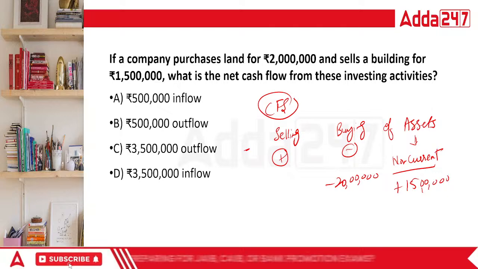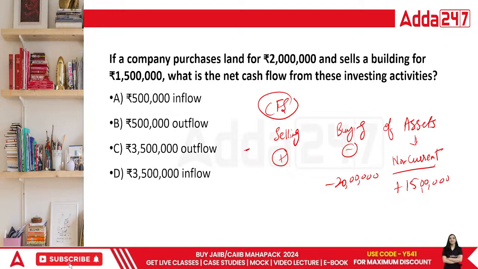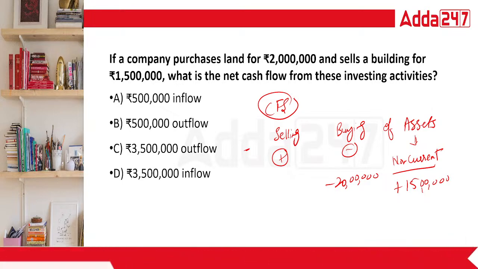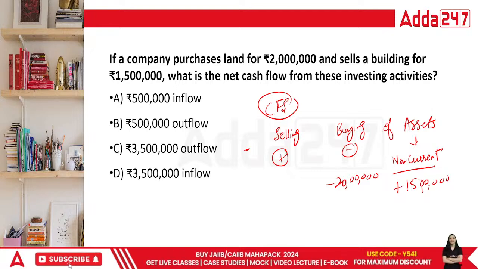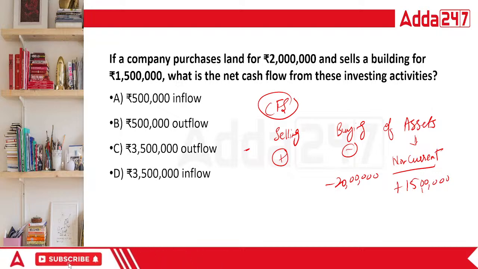Then what's going to be the answer? Since you have more outflow than inflow, your final point in this area should be that the net cash used in investing activities is minus 5 lakh.